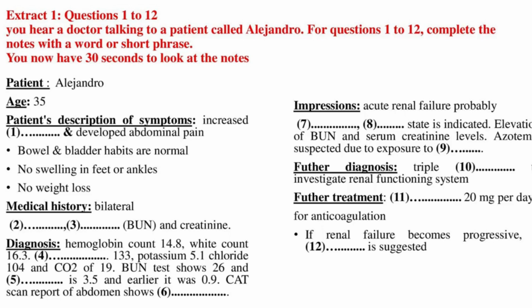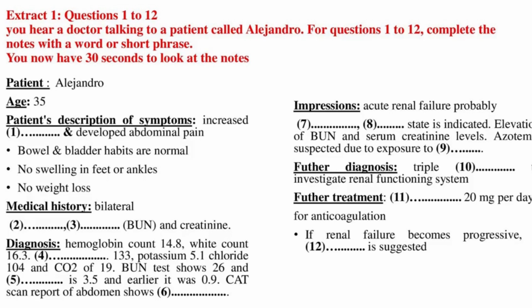No, doctor. Your blood pressure level is 130 over 70. There is no organomegaly and no peripheral edema. Your laboratory reports show hemoglobin count 14.8, white count 16.3, sodium level 133.